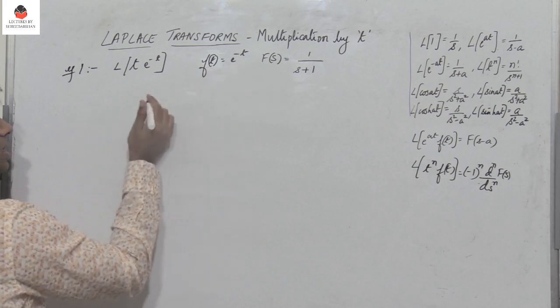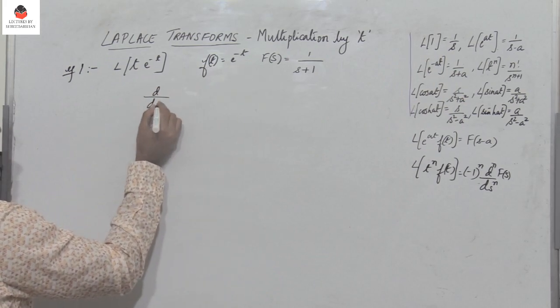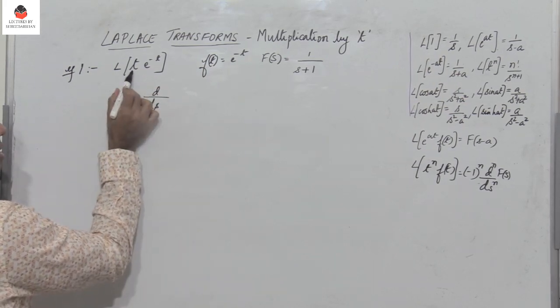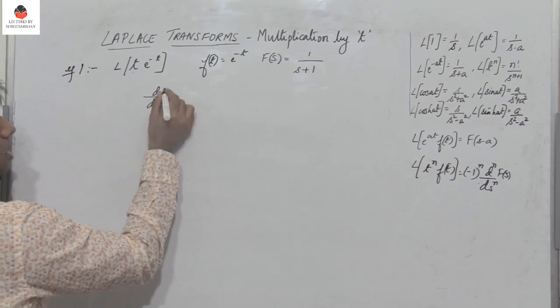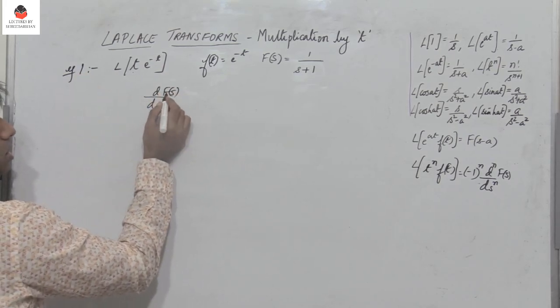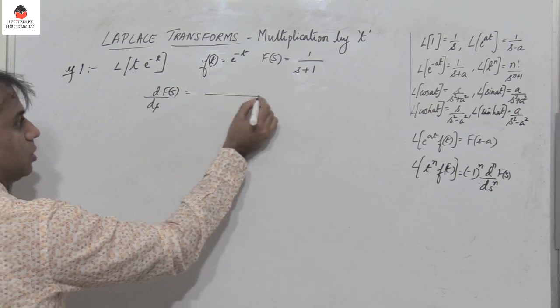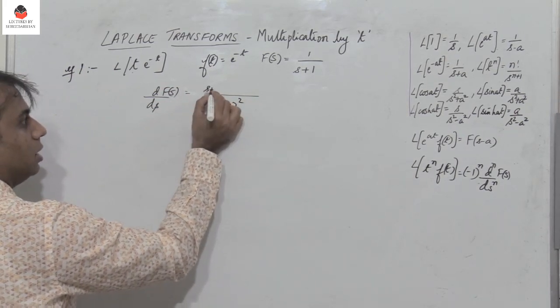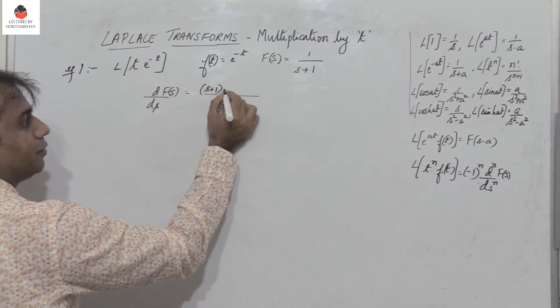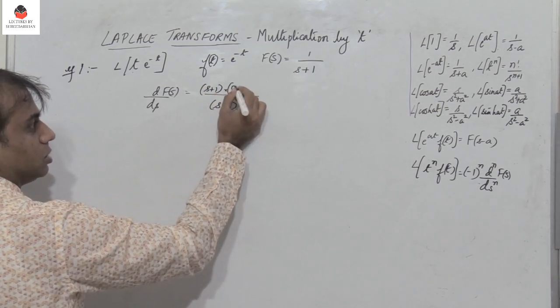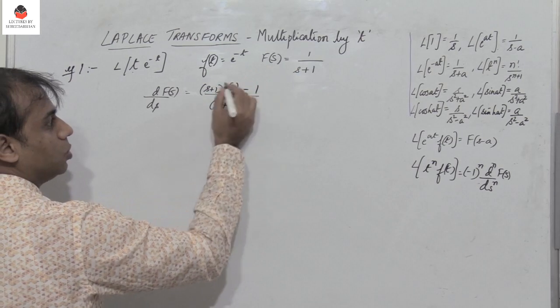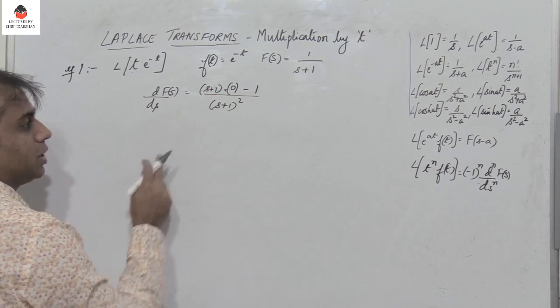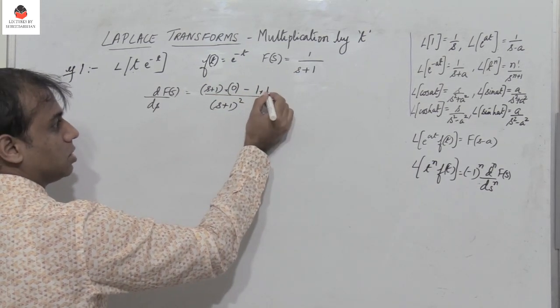Now differentiate this with respect to s once, because it is multiplied with t once. So d by ds of f of s equals denominator square, denominator into differential of numerator, which is 1, which is 0, minus 1 into differential of the denominator, which is 1 again.